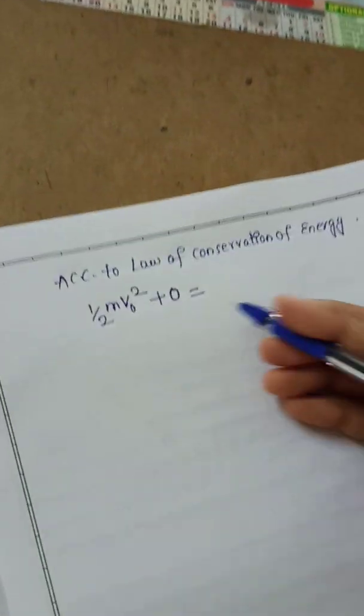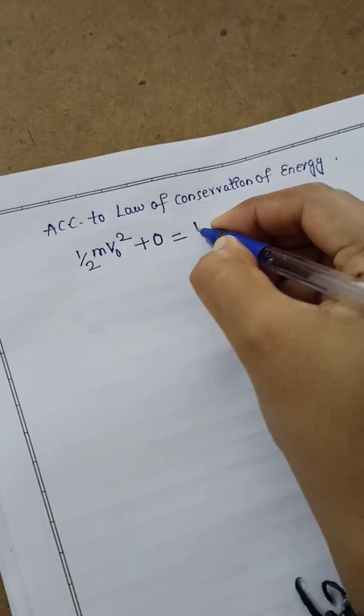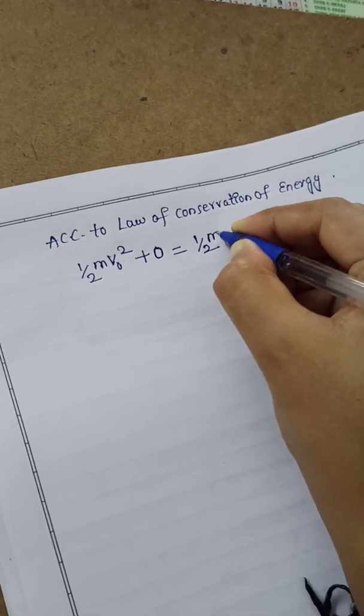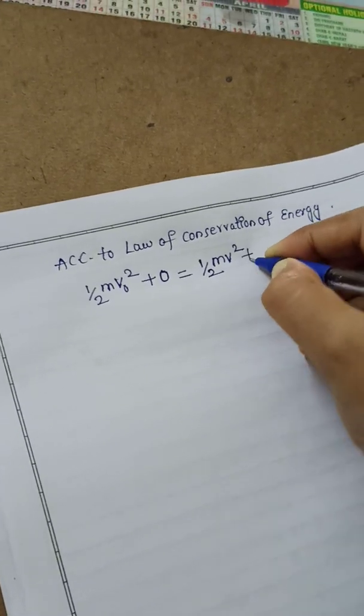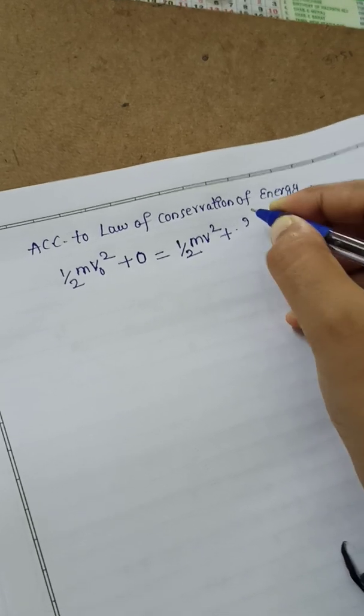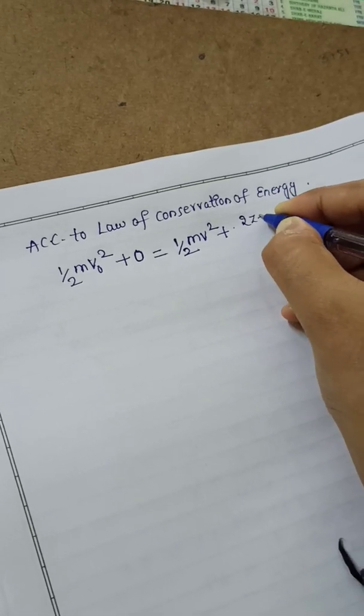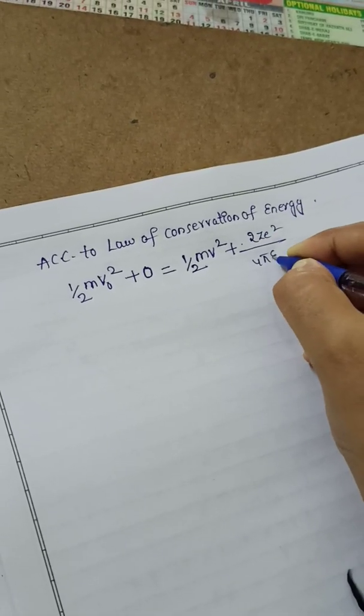See here. Now the velocity of the alpha particle in the hyperbolic path gives half m v square, plus the potential energy, 2Ze square by 4 pi epsilon naught d.